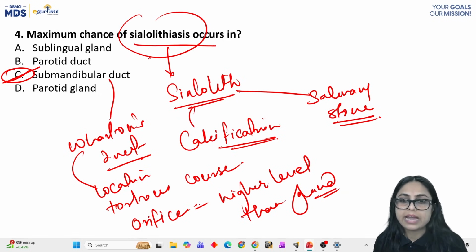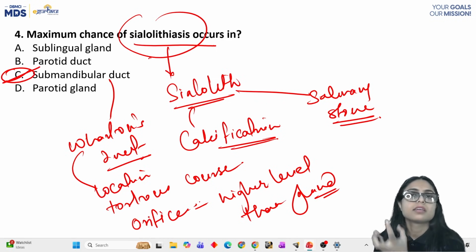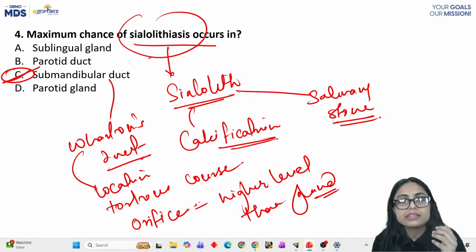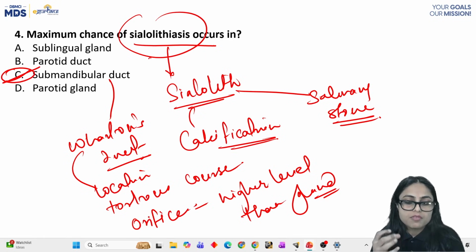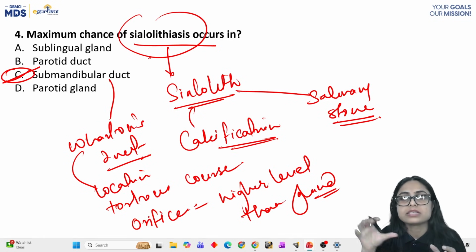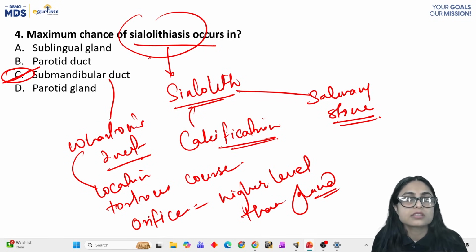Due to gravity, all the content gets pulled inside the duct, and there is a higher chance of formation of this salivary stone inside Wharton's duct or submandibular duct. So this is an easy question, correct?